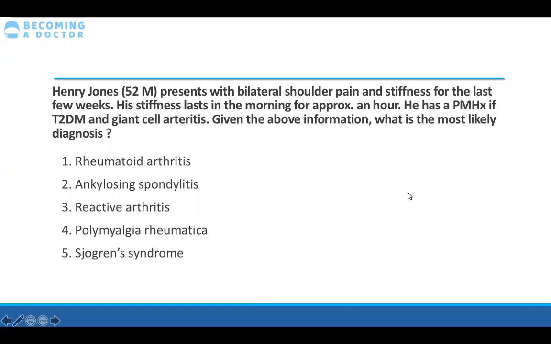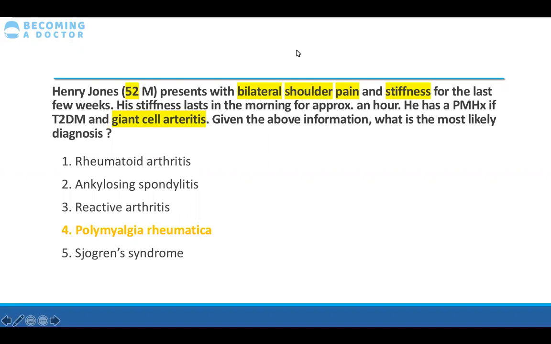Okay, so the majority of votes is for polymyalgia rheumatica, which is good because that is the correct answer. And we've got a few votes for rheumatoid arthritis as well. But let's work through all the answers. In this patient, they're not very elderly, but an older patient.